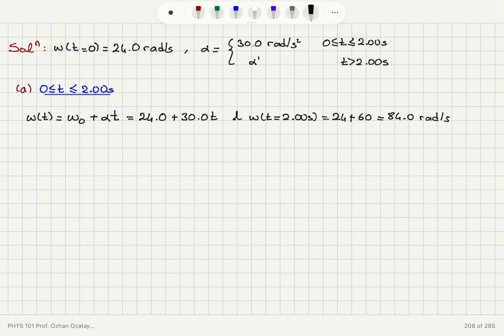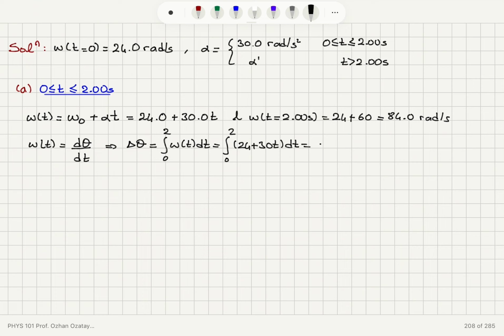Now, the angular speed is related to the change in the angle, d theta dt, the rate of change of angle, so that a total angular displacement delta theta would correspond to the integral from t equals 0 to 2 of omega of t dt. So we can calculate the integral from 0 to 2 of 24 plus 30t dt.